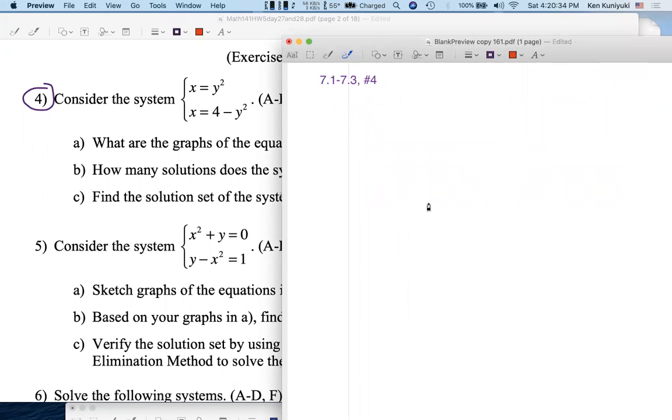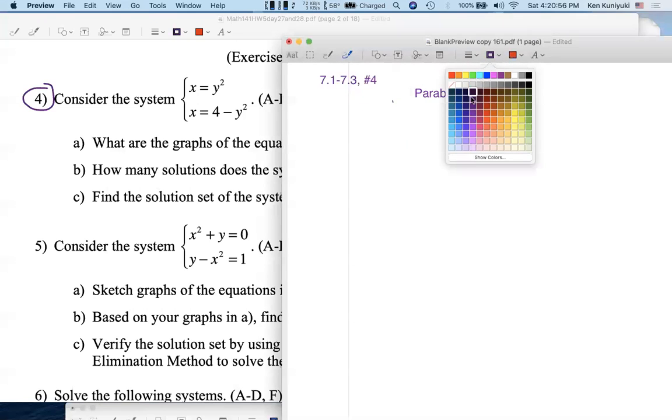Yeah, they're both parabolas. Right, they're both parabolas, but they open sideways. So the answer in text is that these are both parabolas. It's the one word answer. Even though I didn't have you graph, it's good to get a sense of what these graphs look like. I'll use blue for my graphs.